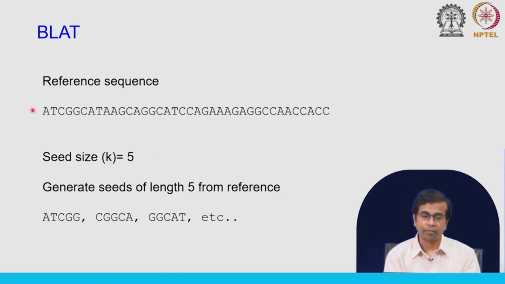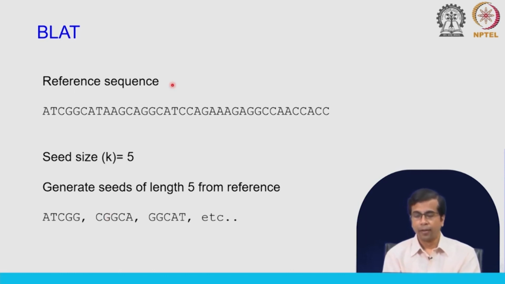Again we follow the same process. We start from the beginning, we take a seed of length 5, we count only 5 bases, that is a seed, then we move on to the next base, take the next 5 and move on, and so on, and these are the seeds that we will get as we move along. You can do this for the whole reference sequence.